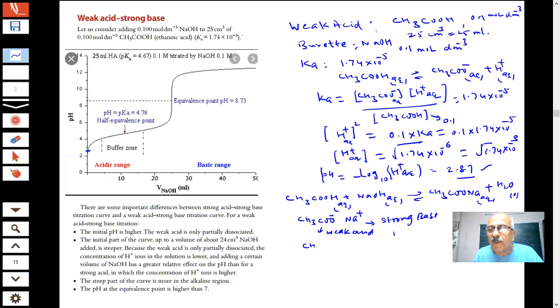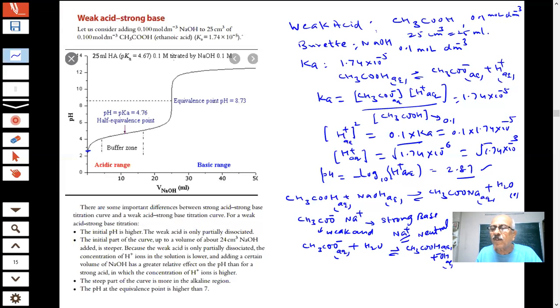Na plus is neutral. It is only a spectator. It does nothing. I am saying this is neutral because it is coming from a strong base. But CH3COO minus will react with H2O. This will be hydrolyzed, not Na plus. You have studied this in the hydrolysis chapter. This will form CH3COOH and OH minus. Okay?